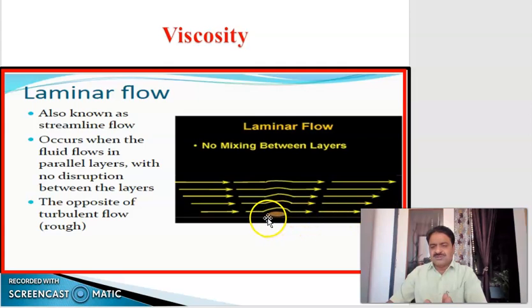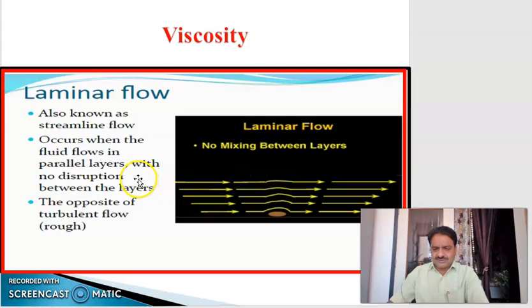Here, because of an obstacle, this layer is coming like this. I mean, there is no disruption between the different layers of the flow of liquid. Such a flow is said to be laminar flow or streamline flow, and exactly opposite to this is said to be turbulent flow. It is said to be roughly turbulent.